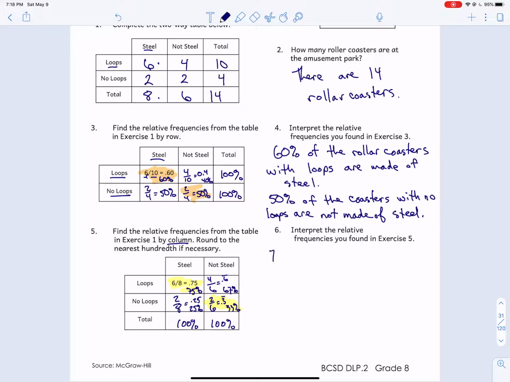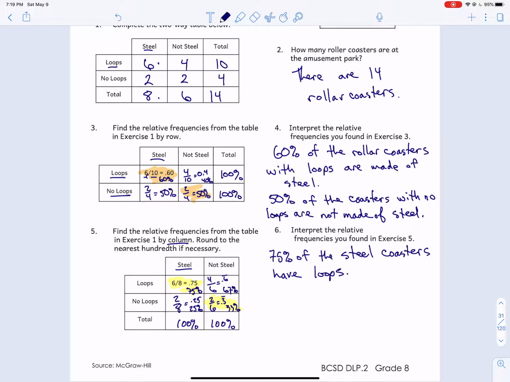So first of all, 75% of, and now we're going to use the column header because we're talking about column relative frequencies. So the 75% of the coasters, let's just shorten this a little bit. Of the steel coasters, 75% of the steel coasters have loops.